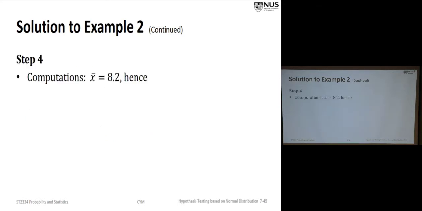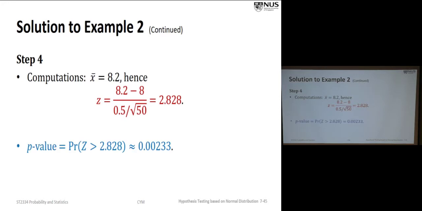Compare with 2.326. I calculate it's 2.828. So the p-value is approximately about 2%. This one you can look up from the normal table, or you can use your software to get it. I don't have time to go over it; we have already discussed in chapter 6 how to get this probability.